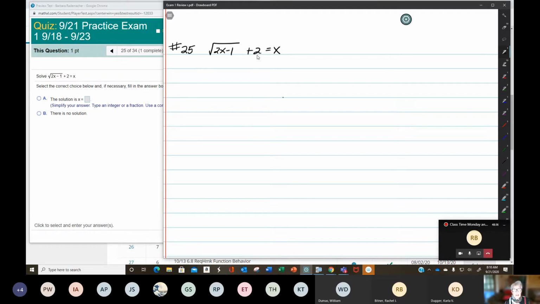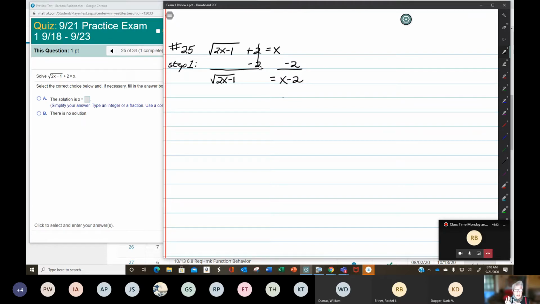Okay, step one is to isolate the radical. That means you've got this plus 2 out there. We need to move it over. Okay.